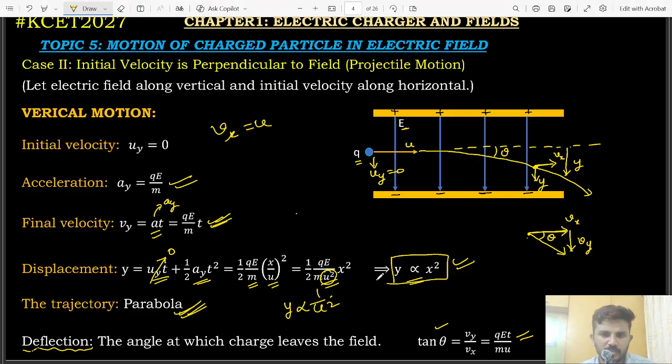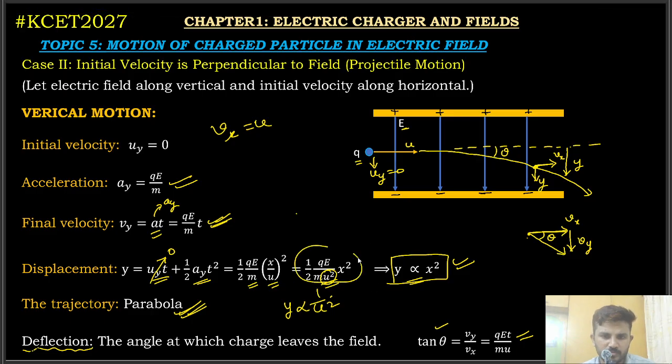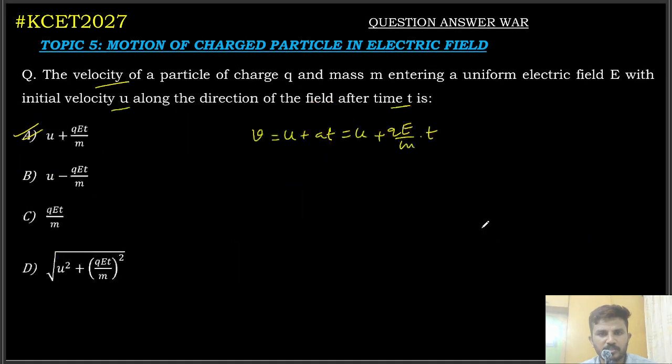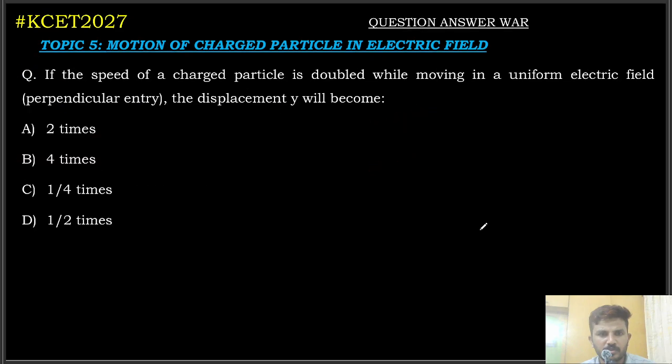Look at this equation. Compare that y equation with respect to u. So you'll get y is inversely proportional to velocity square. If velocity is doubled, y dash becomes 1 divided by 4 times, because 2v whole square becomes 4 times. So that's why it becomes 1 by 4 times.